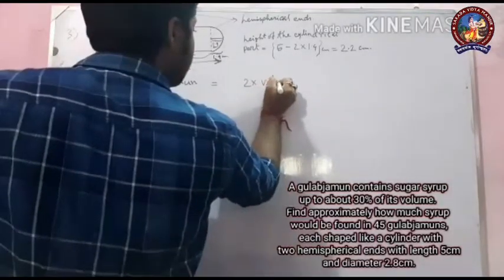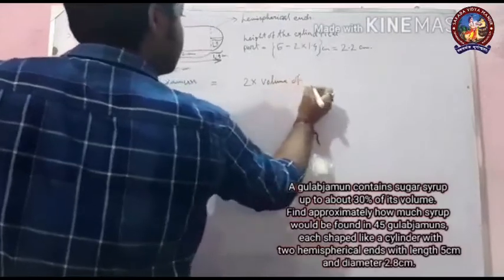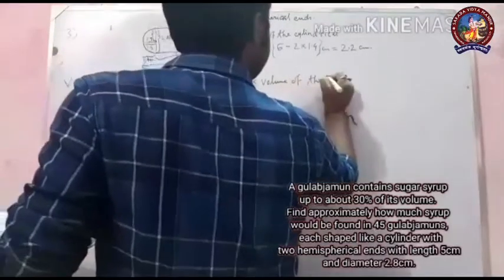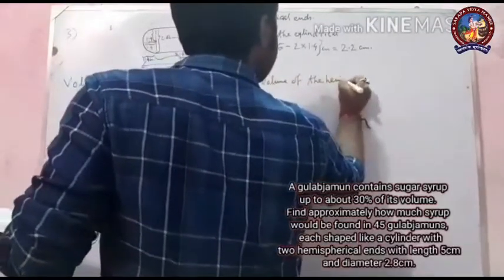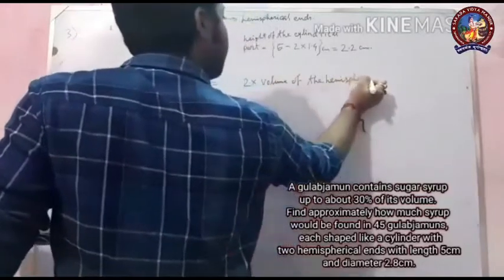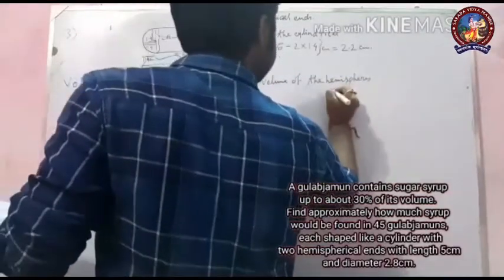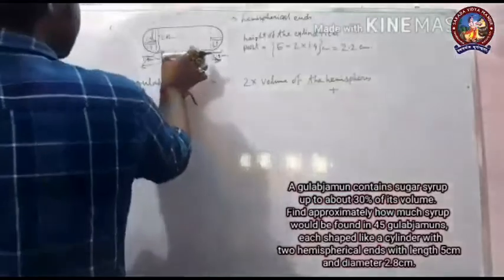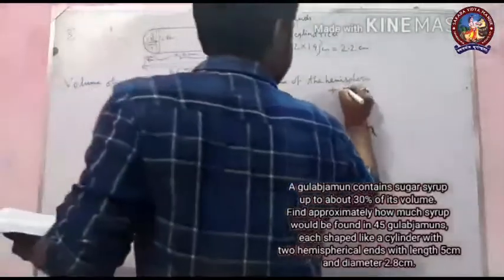So 2 into volume of the hemisphere plus volume of the cylindrical part.